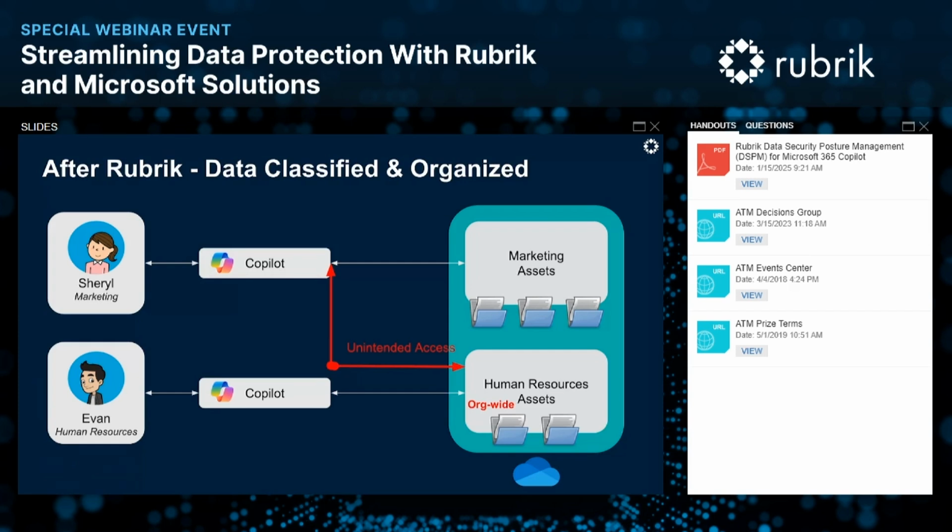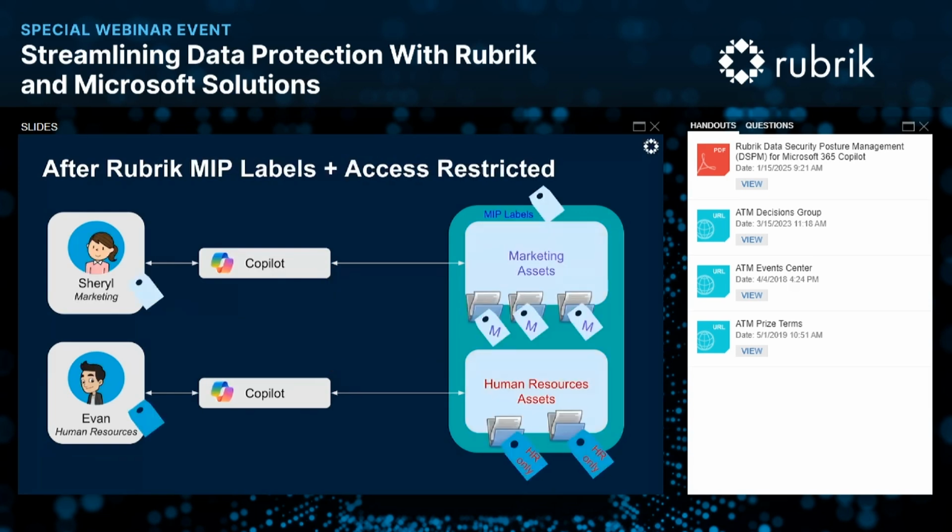So by combining access removal and MIP placement, we get the following result. So now, by applying the labels, Cheryl can only access marketing assets using Copilot, and Evan can clearly access the HR resources that he needs.